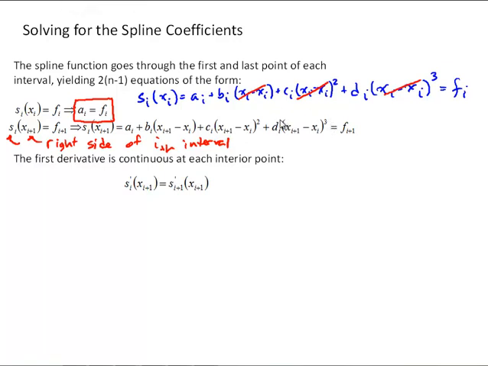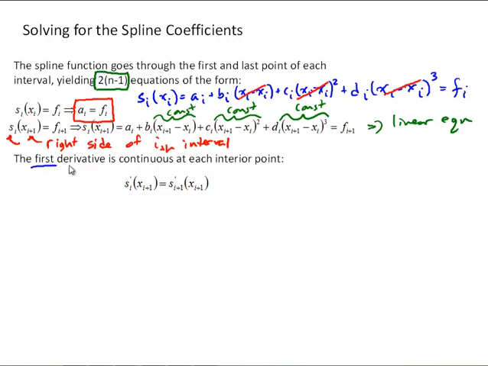Now each of these is just going to be a constant once we plug in the data. And so we have a linear equation for ai, bi, ci, and di. And we'll get another n minus 1 of those equations. So we've got 2 times (n minus 1) equations just by making each spline function go through the start and end points of its respective interval.